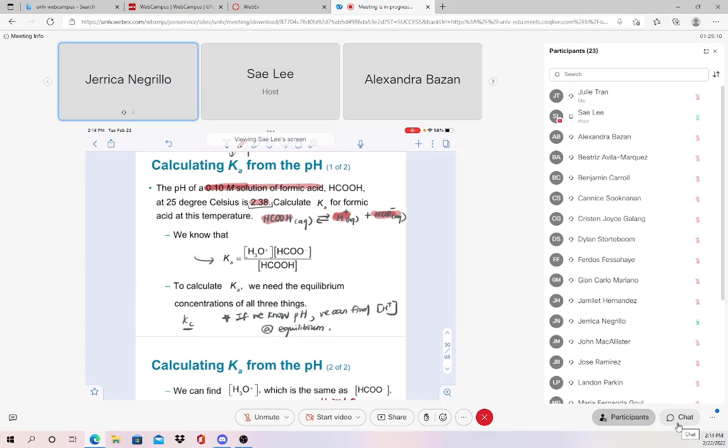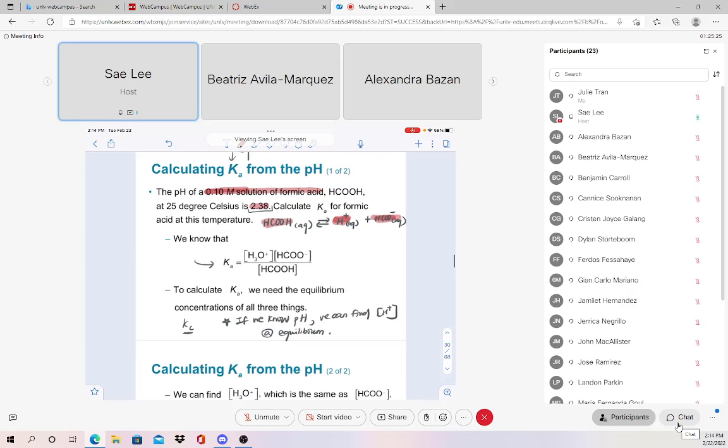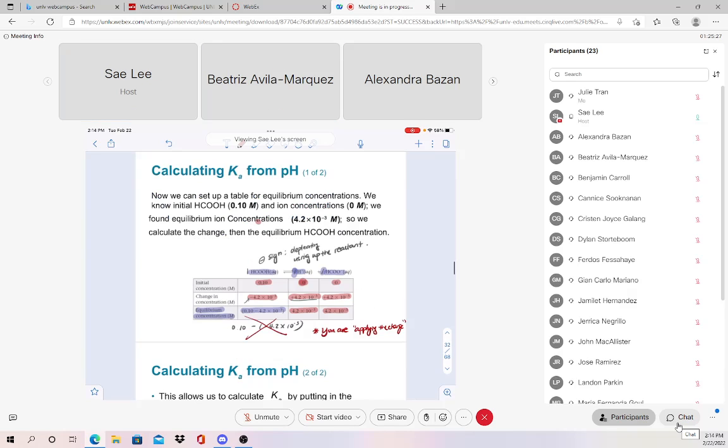Do you necessarily need the ICE table to find Ka? The one with the initial concentration, change, and equilibrium, like this table?